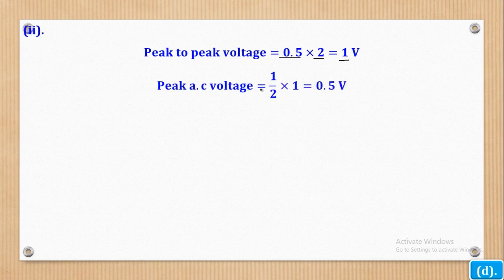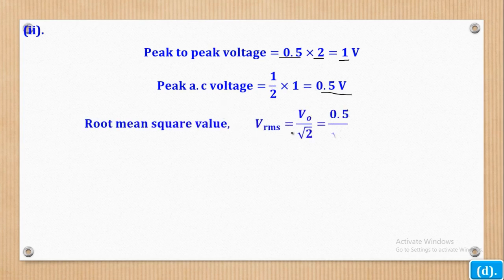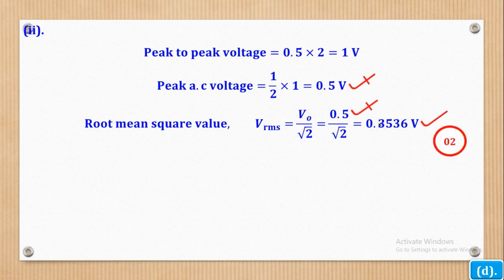Therefore, peak AC voltage will be half of the peak to peak, which will be 0.5 volts. And root mean square is given by peak voltage over root 2, so 0.5 divided by root 2, you'll come up with 0.3536 volts. So that is how marks would be awarded.